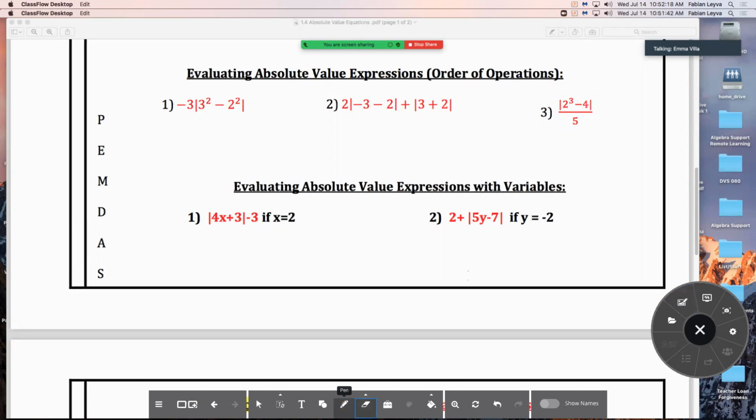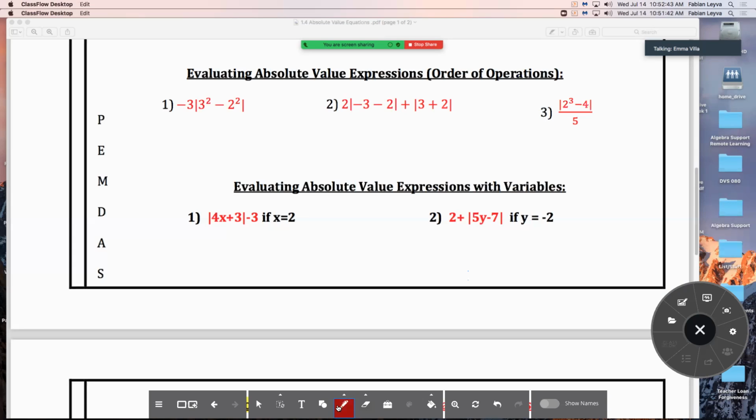Now, we did some problems at the beginning where we practiced, when we have a string of things like this, PEMDAS, the order of operations. Remember that P is parentheses, E is exponents, M and D are multiplication and division, and then addition and subtraction. Where do absolute values fall in the priority list? The answer is very straightforward. It is on the same level as parentheses.